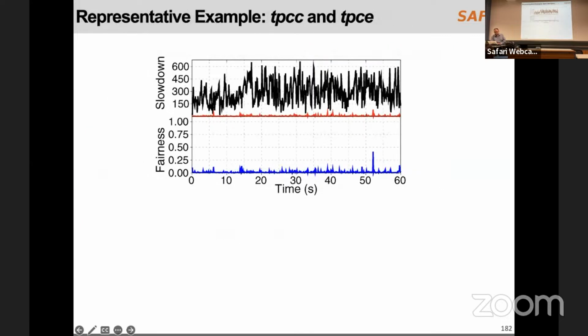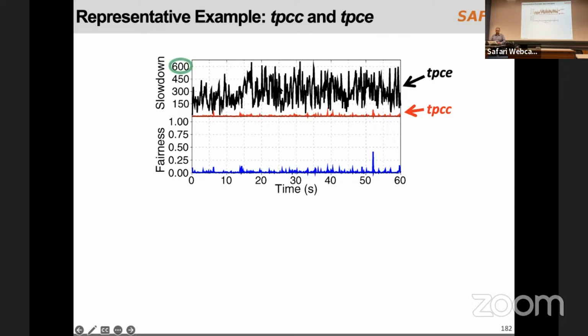So we have done an experiment on these two workloads, TPCC and TPCE. These are transactional database workloads. You can see that TPCC doesn't experience much slowdown when it's run together with TPCE, but TPCE has experienced a lot of slowdown.